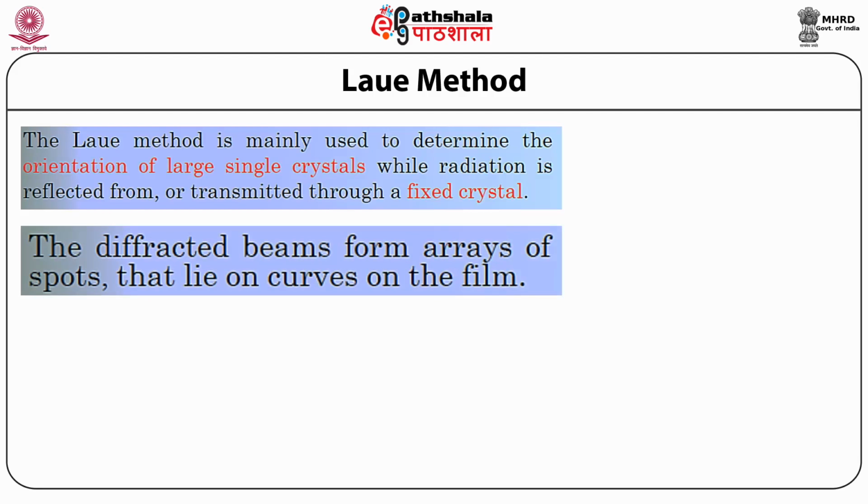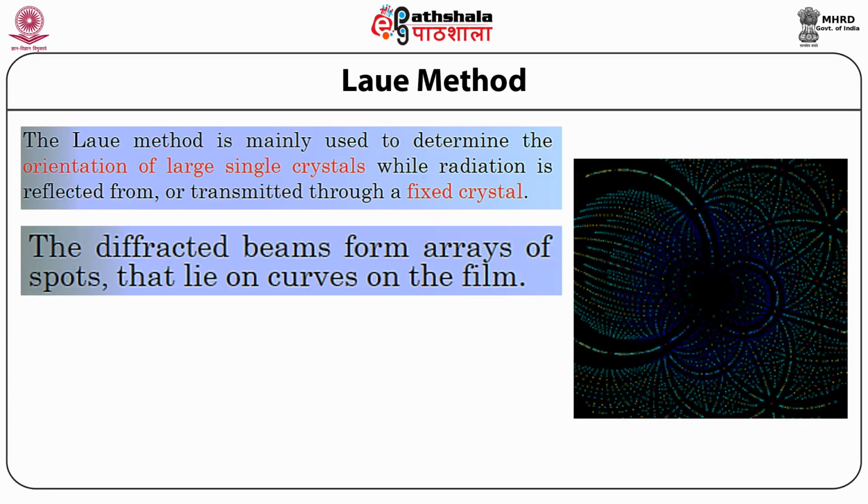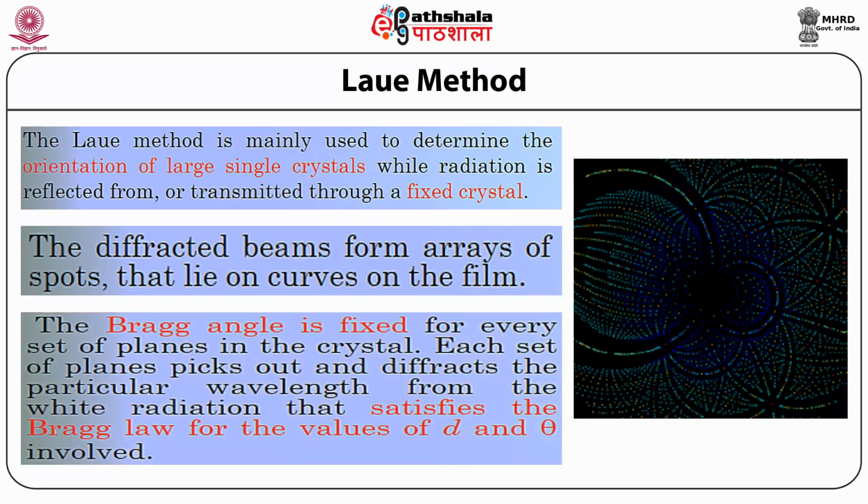As you can see on the right hand side, this is a diagram. This is a particular X-ray diffraction, a Laue pattern so to say, of a given crystal. The Bragg angle is fixed for every set of planes in the crystal. Each set of planes picks out and diffracts the particular wavelength from the white radiation that satisfies the Bragg law for the values of d and theta.